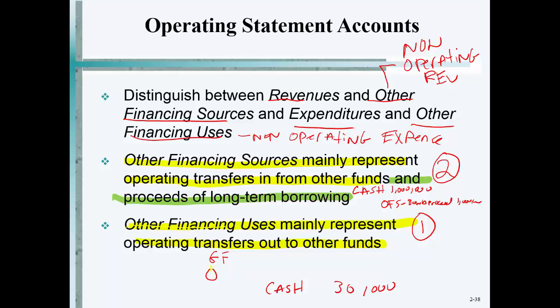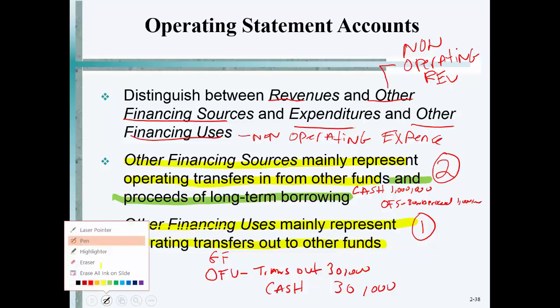And I debit OFU. And you're like, OFU, John, I want to go home. It's Friday. Okay. I debit other financing uses, transfer out. This is the transfer out. This is the other financing use. And now I messed up. Is it terrible to be an accountant?